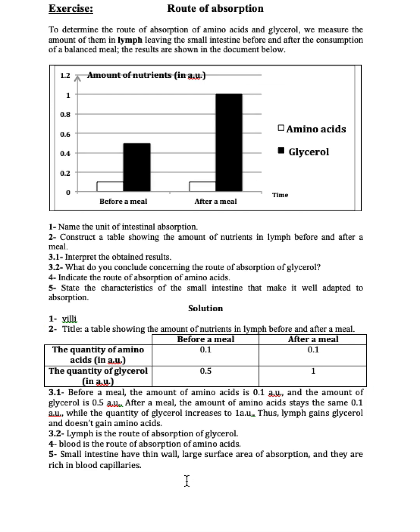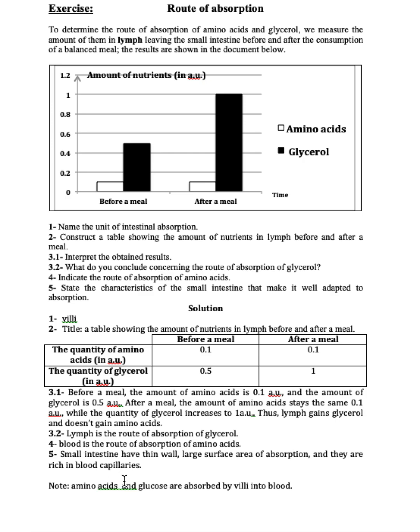If we want to add more details, we can say amino acids and glucose are absorbed by villi into blood. So the route of absorption of amino acids and glucose is the blood.